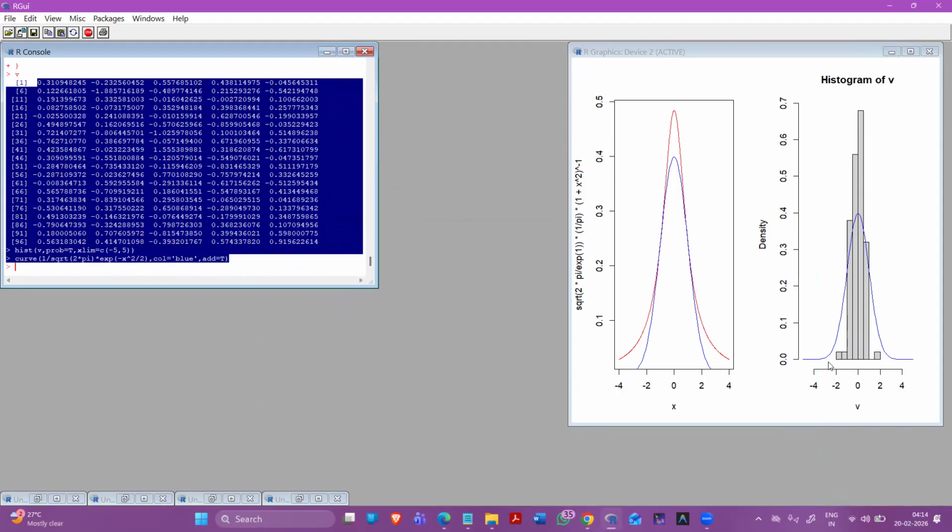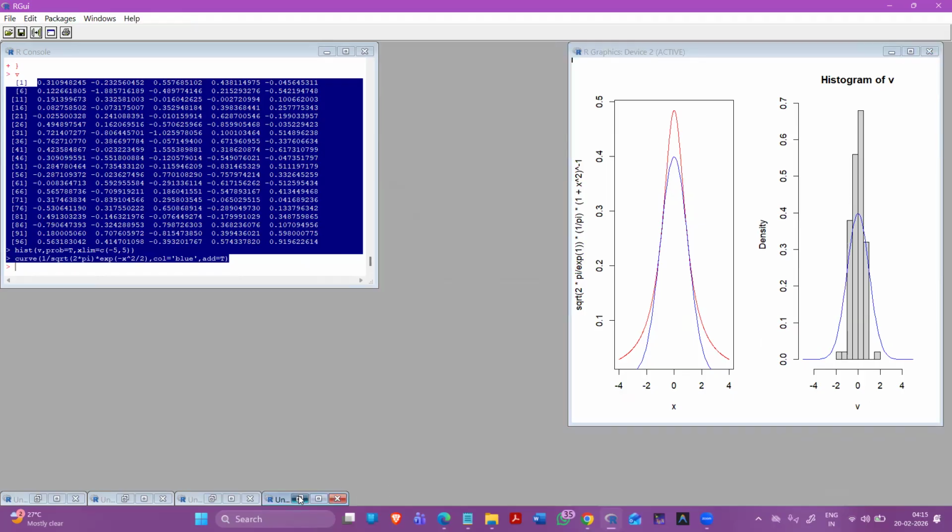If you just see here, this is similar to your blue plot. Both are quite similar, and they have -4 to 4, and this lies between -2 to 2. The maximum observations are between -2 and 2 only, so you are getting accurate values from your acceptance rejection method.